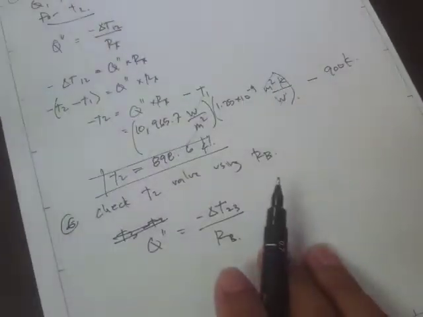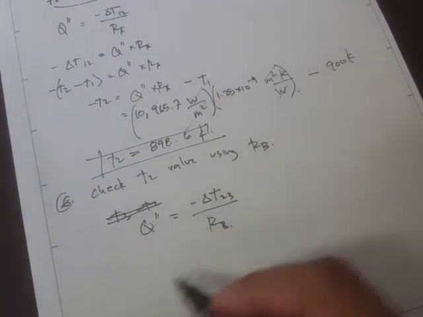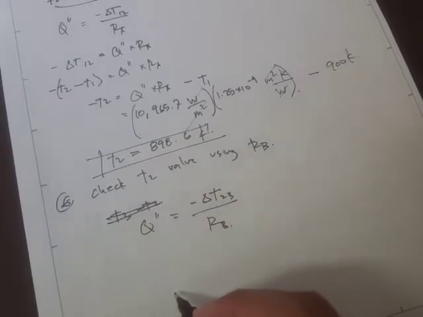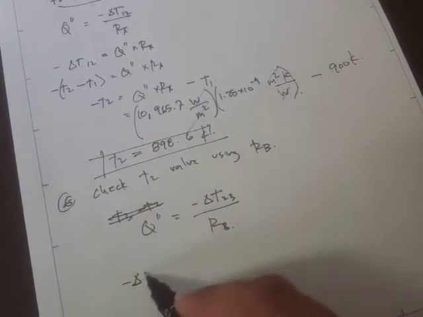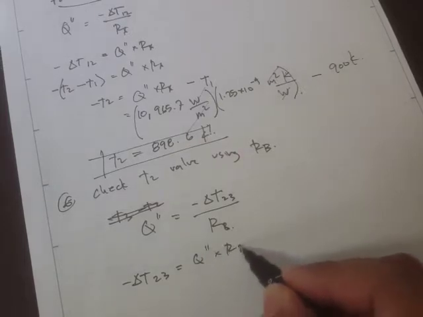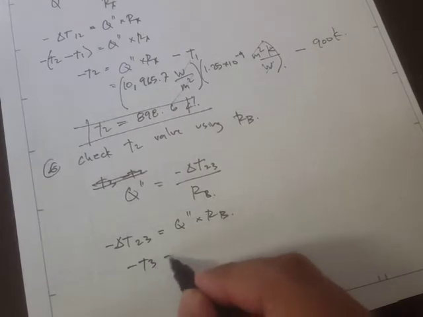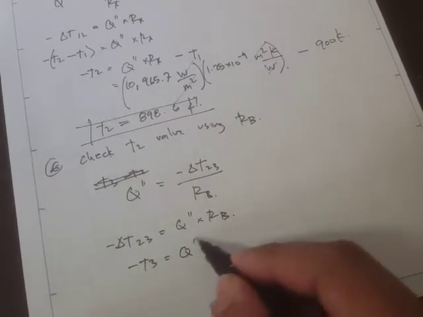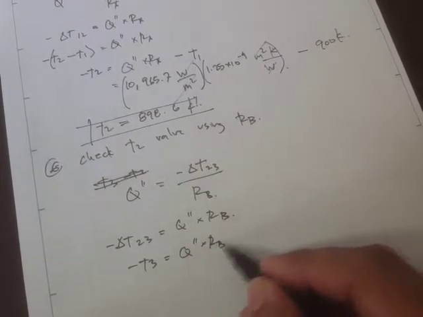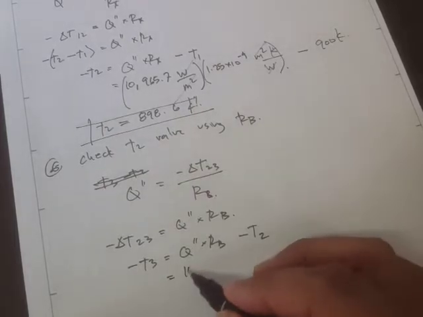It must be the same, right? So negative delta T23 is equal to the heat flux times R sub B, and that's negative T sub 3 is the heat flux times R sub B minus T sub 2.